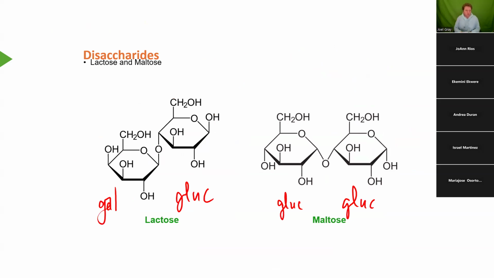Another possible example would be: which one of these components, A or B, is glucose? And I want you to look at that and say, it's B, because I know OH goes down, goes up, it goes down. Perfect. That's the sort of question I want you to be able to answer.